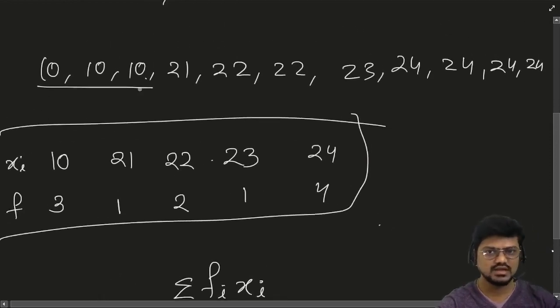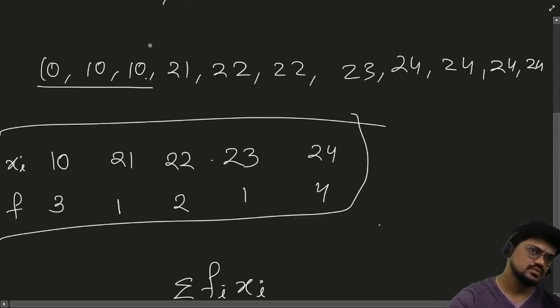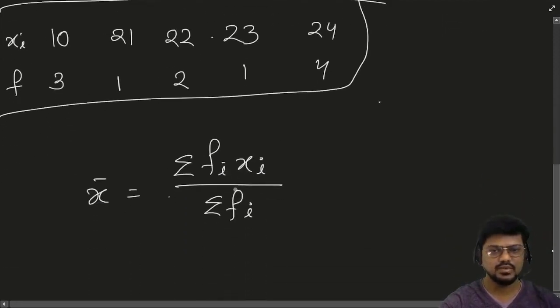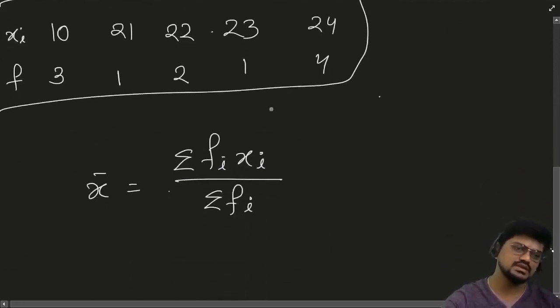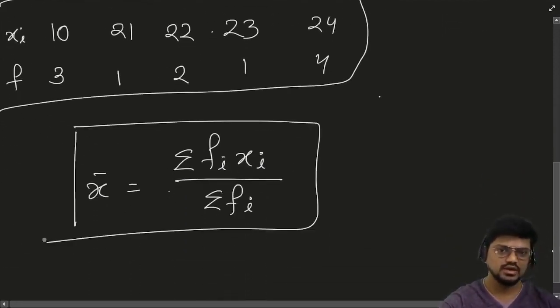Also, since there are 3 counts of 10, if you add all these frequencies, you'll get the total number of counts. Yes or no? So if you apply this formula, you'll get the mean. This is the basic way of finding the mean, and we'll be doing some sums based on this first.